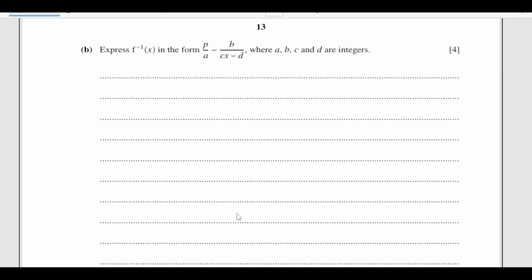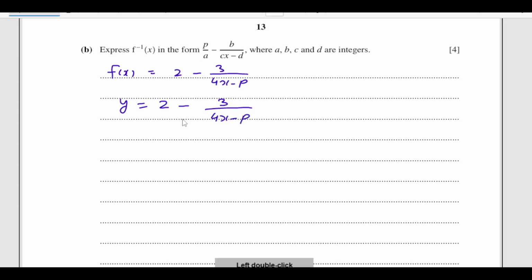So that means we need to find out f inverse x. So let me rewrite fx here. Our fx is 2 minus 3 over 4x minus p. So this is equal to y, we'll put it y equals 2 minus 3 over 4x minus p, right?